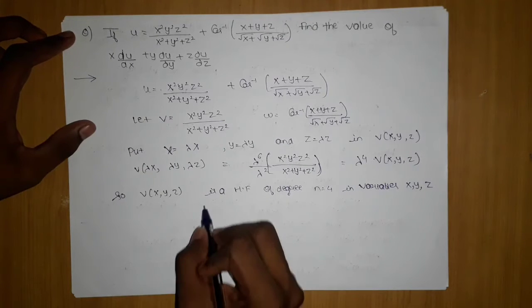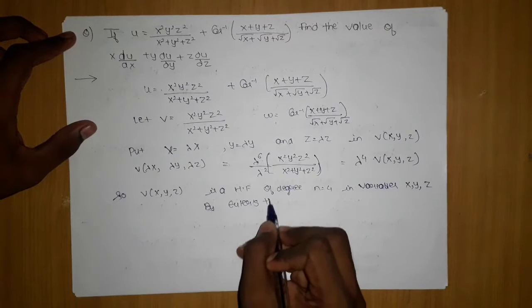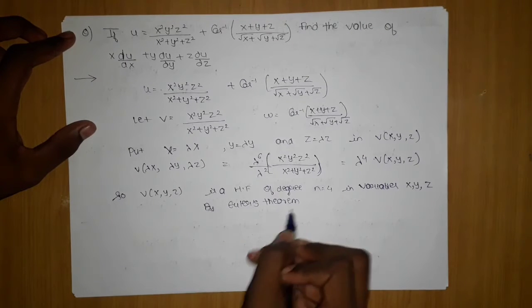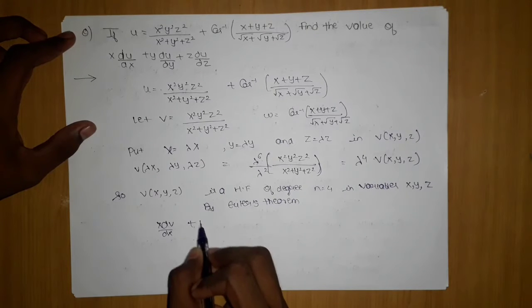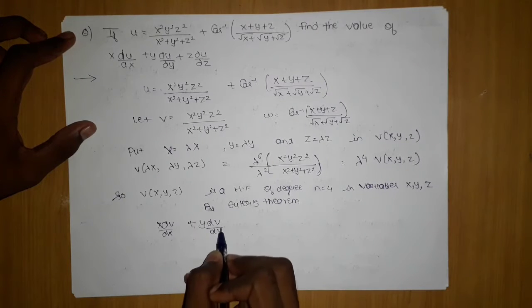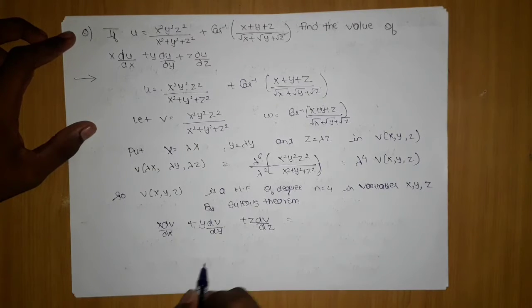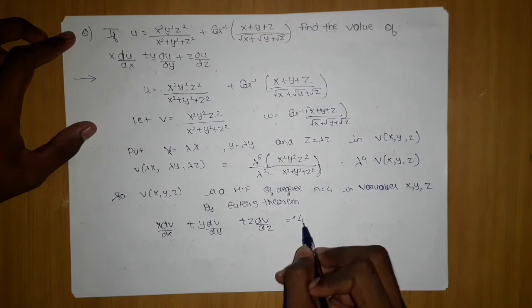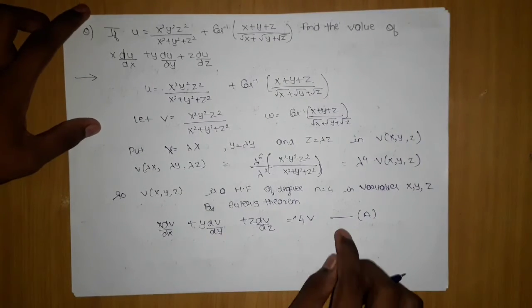Now by Euler's theorem I can write x ∂v/∂x plus y ∂v/∂y plus z ∂v/∂z equals what? It will be 4 times v, which I will call as a. V is what? This thing.